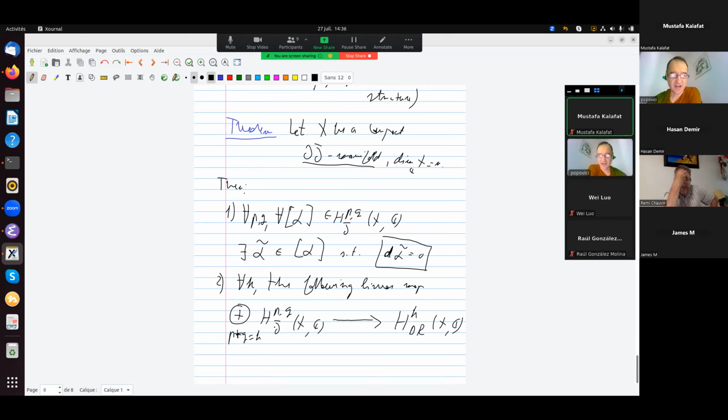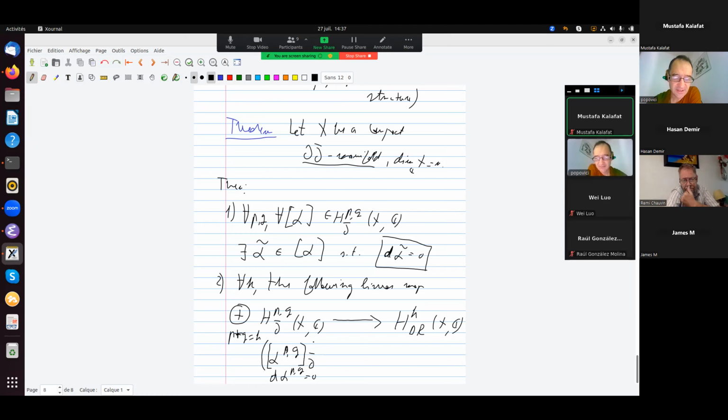In each Dolbeault cohomology class, I know by the first assertion that there exists a representative that's d closed. I choose any alpha^{p,q} such that it is d closed, d of alpha^{p,q} equals 0. So I represent any Dolbeault cohomology class by such an alpha^{p,q}.